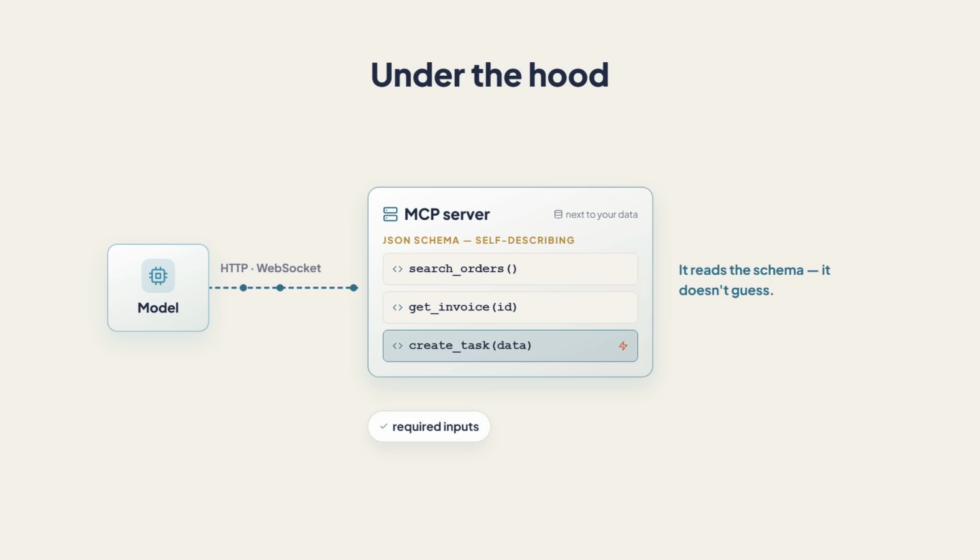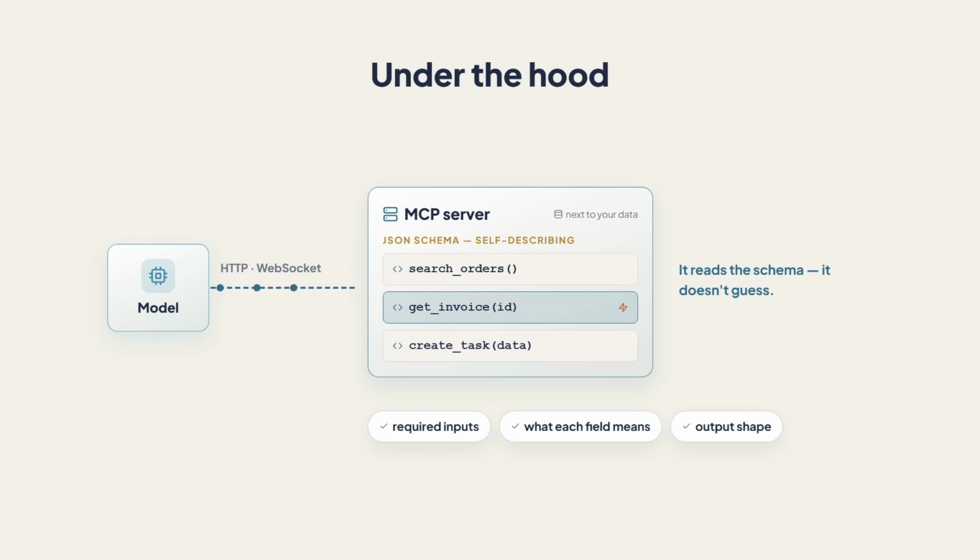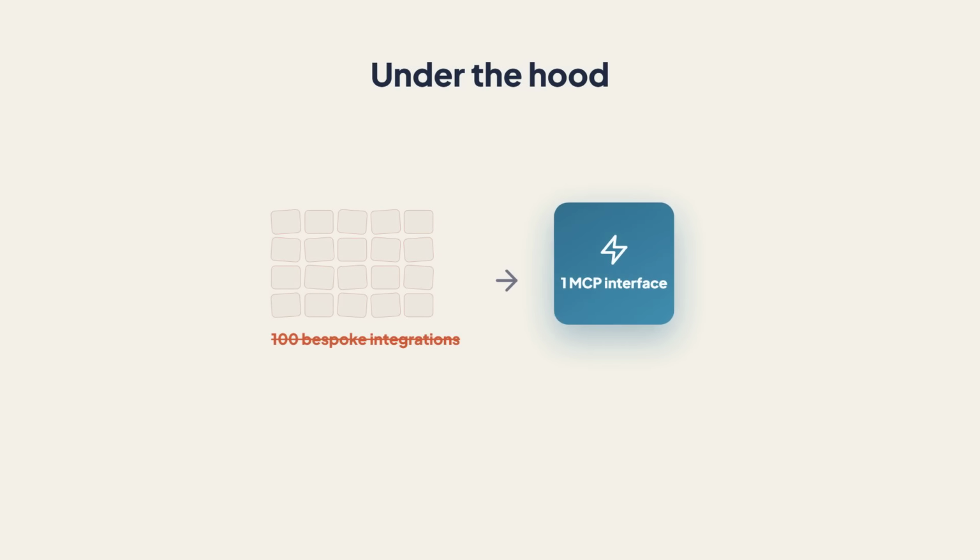It knows the required inputs, what each field means, and the shape of the output. Everything is self-describing, so instead of building 100 bespoke integrations, you build one MCP interface, and every compatible model can use it instantly. That's why people call MCP the plug-and-play layer for AI.